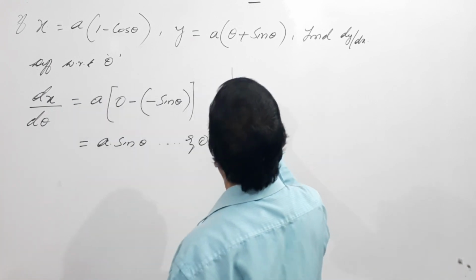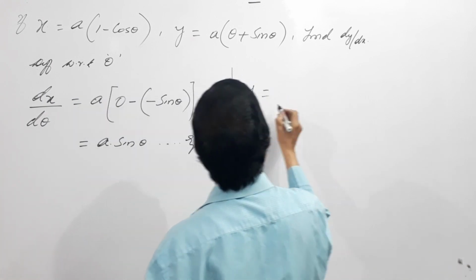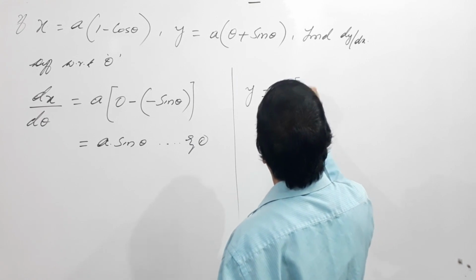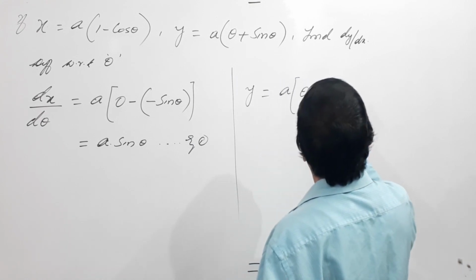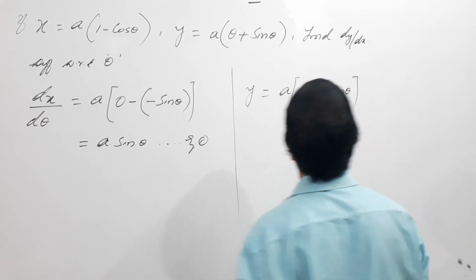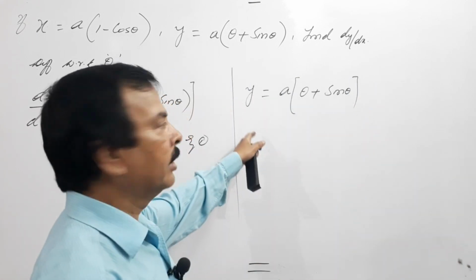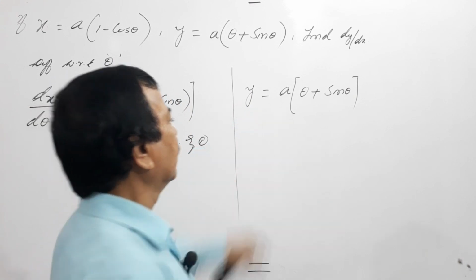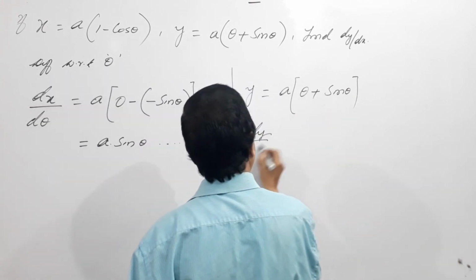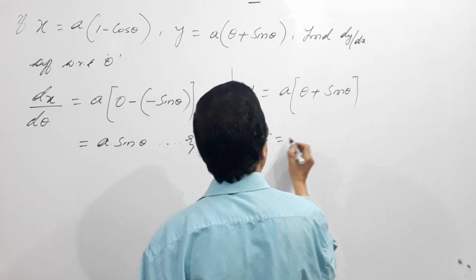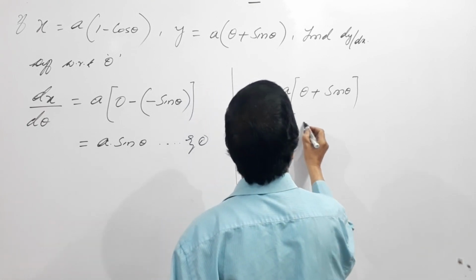I take this, y equals a into theta plus sin theta. We have to differentiate this with respect to theta. So dy by d theta equals what happens? A I will take outside.